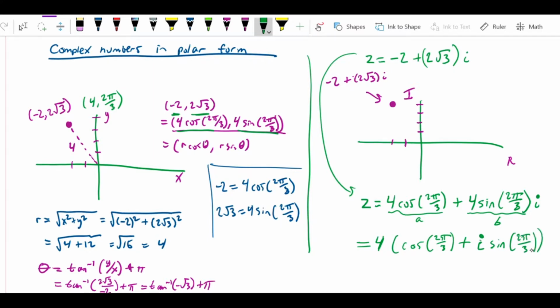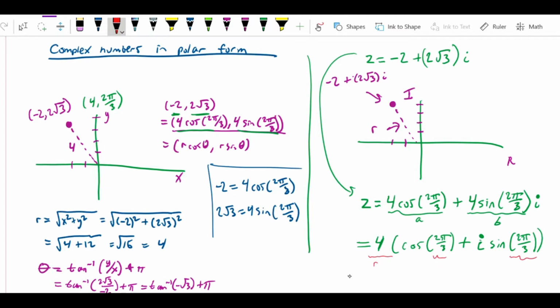Now, this doesn't look like I've done anything really interesting, but let's look at the structure of this number. Outside, it has the radius of the complex number on the complex plane, so that's r, the distance to the origin. And inside, I have two instances of the same angle. These actually have a special name.